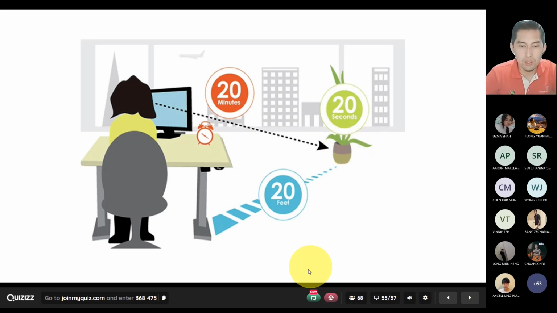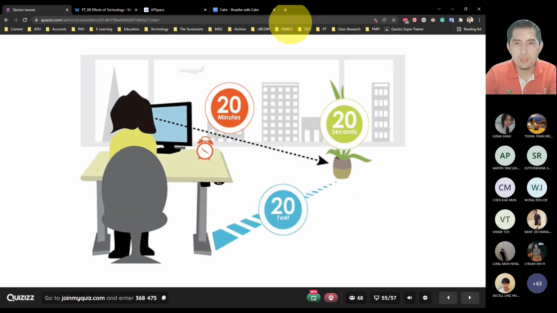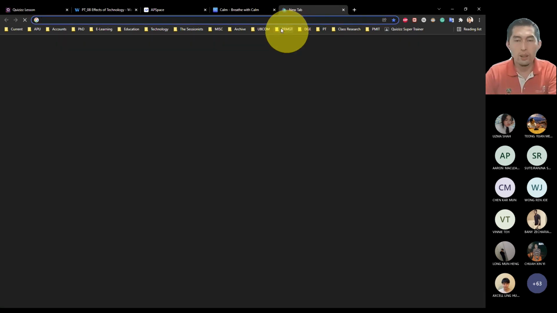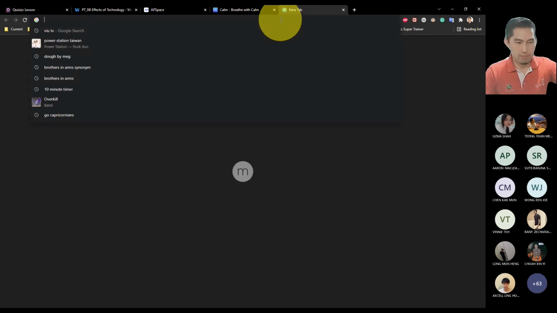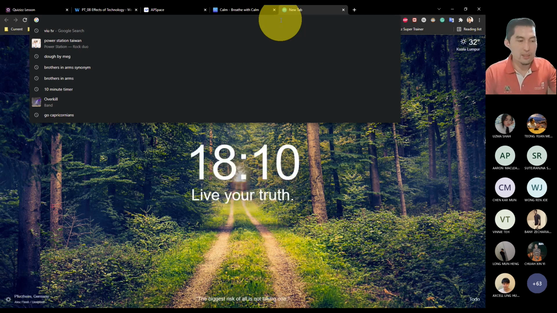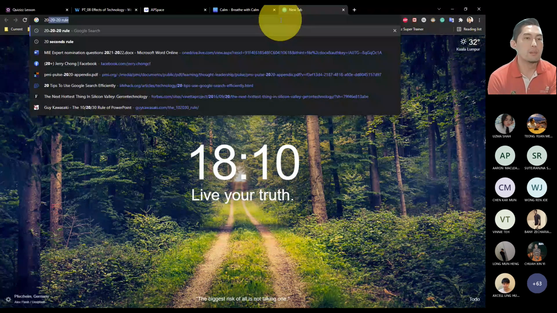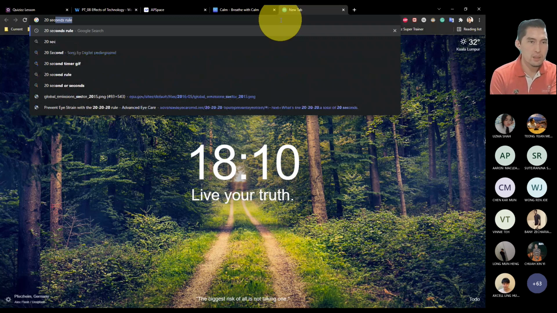All right, so we're going to try this now. Let's just quickly do this. Minimize all your windows. I know you can still hear me at least. Minimize all your windows. Look at something which is 20 feet away from you now. 20 seconds timer.